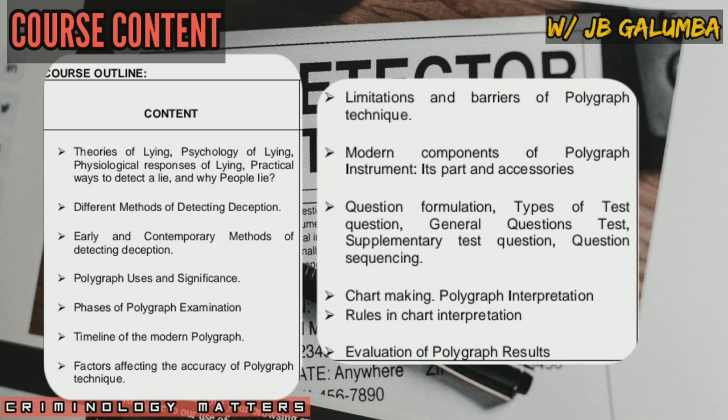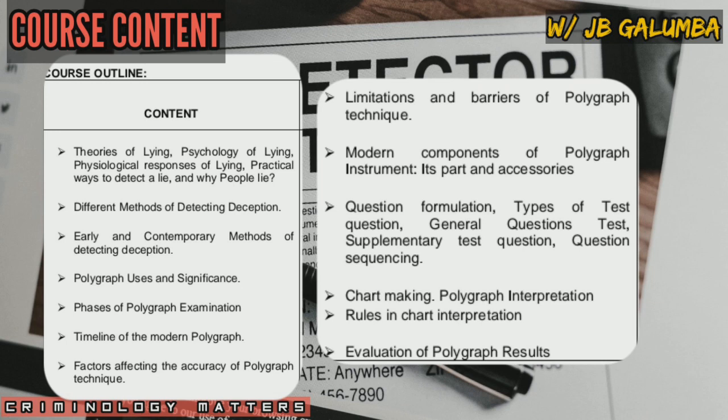And we have the topic where we're going to be talking about polygraph uses and its significance. As you notice, they already focus on polygraph examination, no longer lie detection in general, which means they went from general to specific.